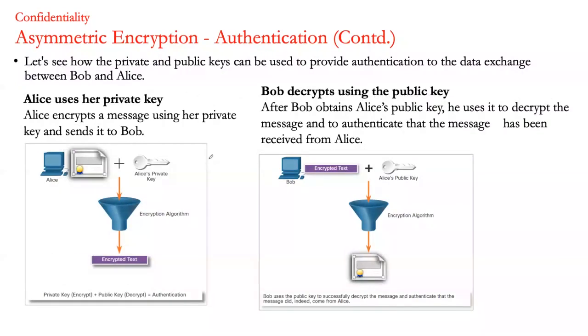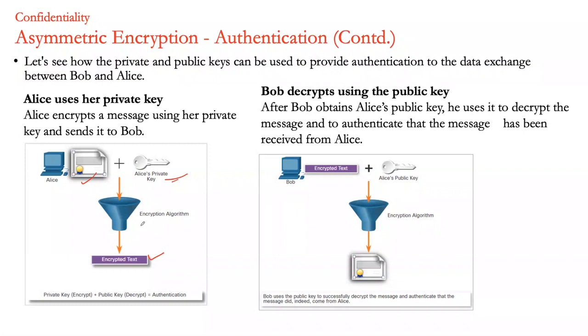So these are a few examples showing how private and public keys can be used for providing authentication to the data exchange. Alice wants to send some message. Alice's private key and Alice's plain text are given as input to the encryption algorithm to generate the encrypted text.